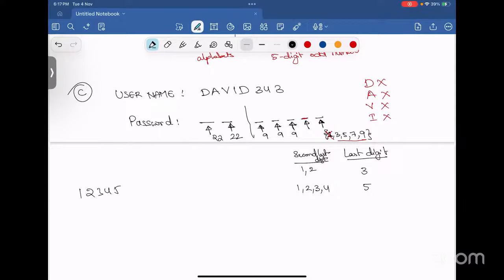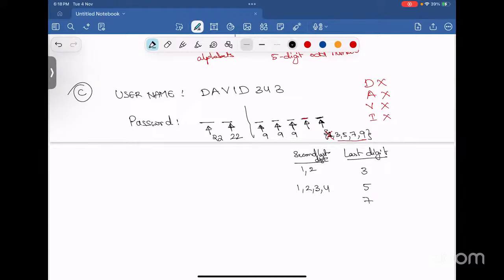It didn't mention that all 5 digits are odd. So there is a difference between all the digits being odd and an odd number. Here they mentioned it's a 5-digit odd number, so the only condition will be on the last digit. If the last digit is odd, the overall number will be odd.